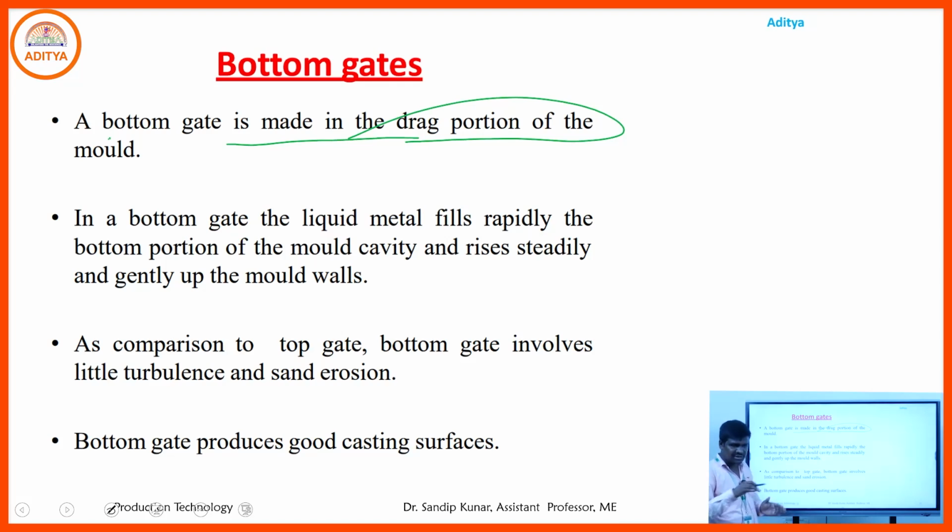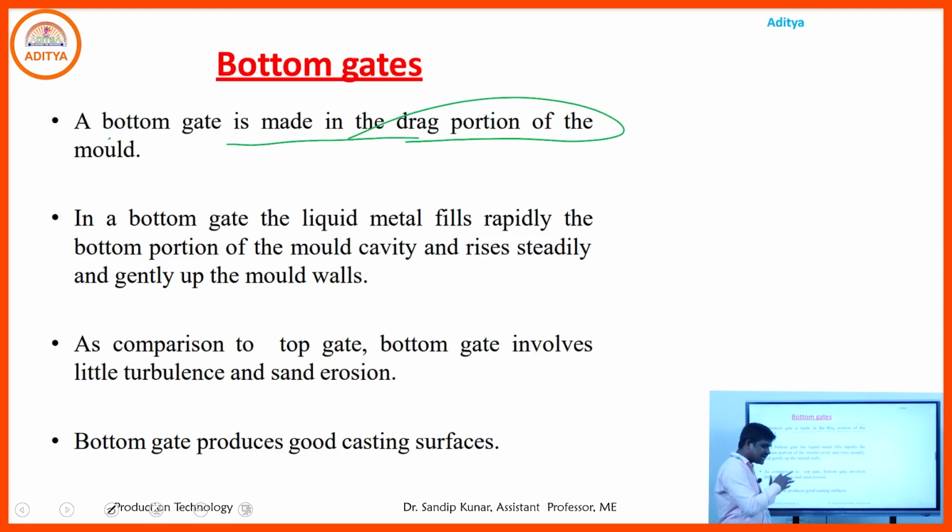Then it will fill up again through the bottom gate, the molten metal will flow and take the total shape of the mold cavity. Okay, and then it will fill up the upper surface of that particular mold cavity.